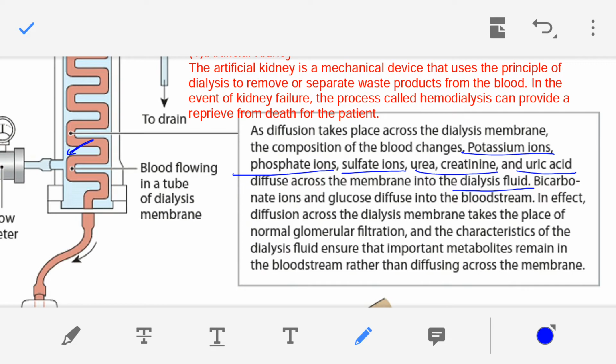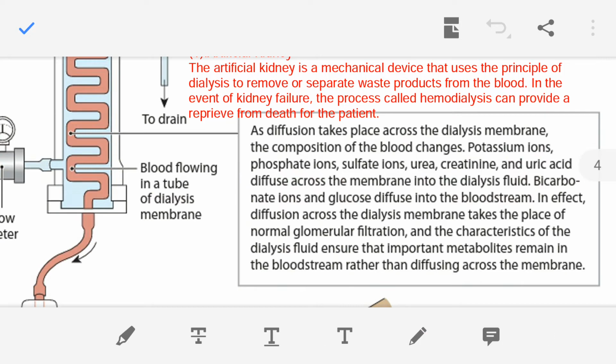Potassium ion comes out, phosphate ion comes out, sulfate ion comes out, urea, creatine, and uric acid, that means all the waste material comes out, and all these molecules and ions diffuse across the membrane, cross the pores, and enter the dialysis fluid.